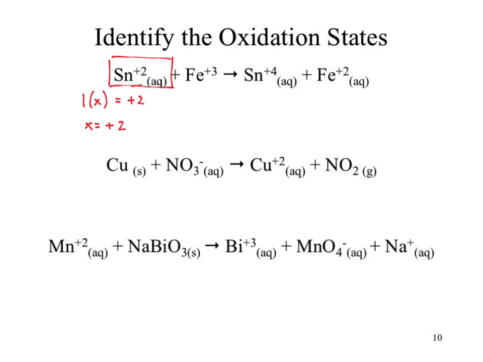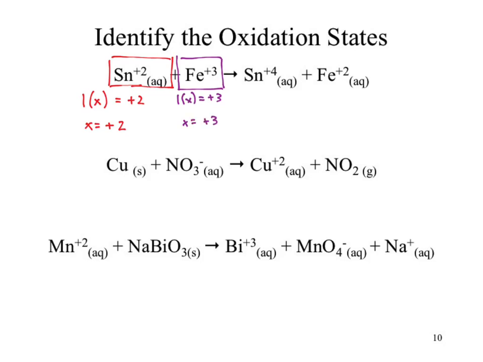Now I'll do it for the next unit. What's the next unit on the reactant side? Iron. My operator's now that arrow, so I'll go through the exact same process. 1 times an unknown oxidation state equals the overall charge for that unit, which is +3. The oxidation state for iron is +3.